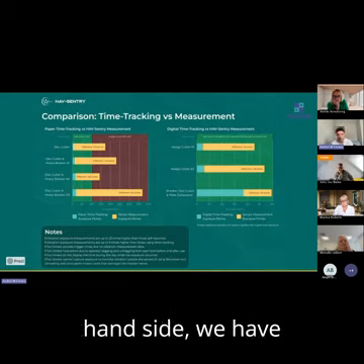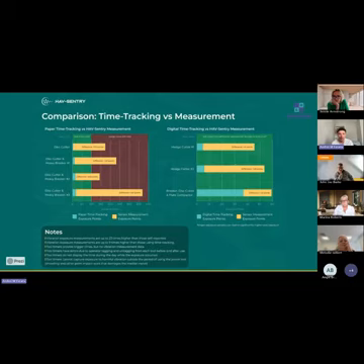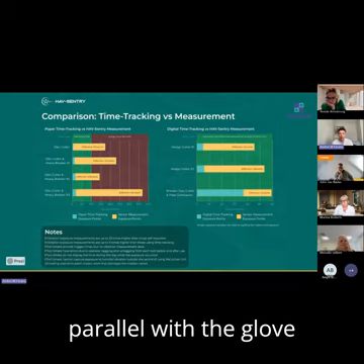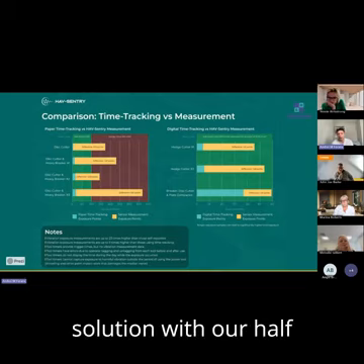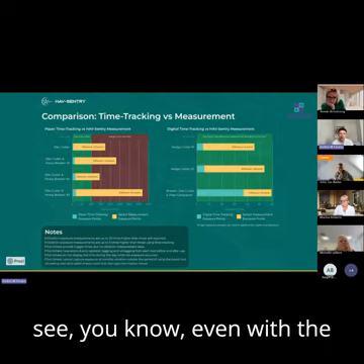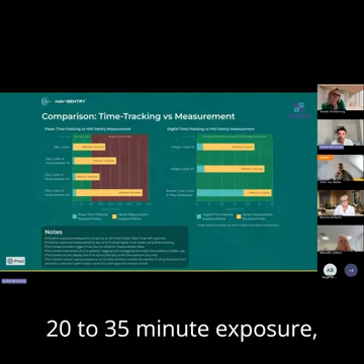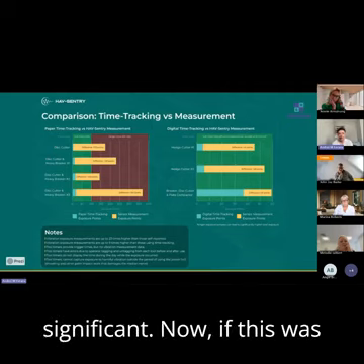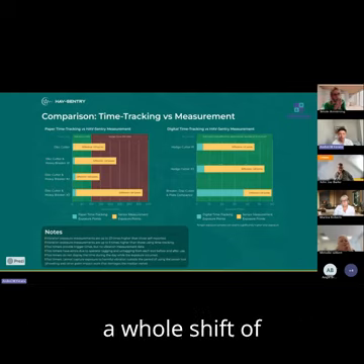And then on the right hand side, we have the wrist-mounted solution, essentially, wherein in parallel with the glove solution, with our HAVS Sentry solution. And you can see, even with the 20 to 35 minute exposure, the difference is still very significant. Now, if this was a whole shift of measurements, that would be even more.